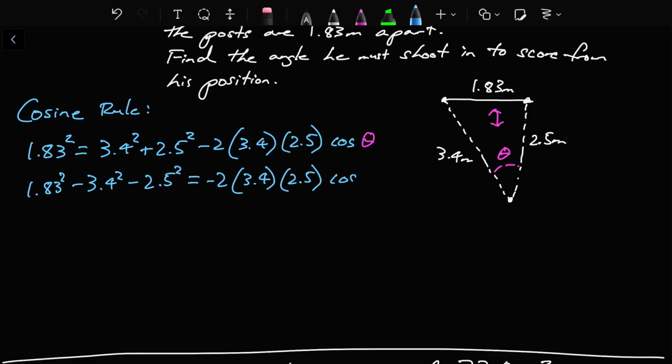Then I'm just going to whack this into my calculator and simplify it. If you don't trust me, do it yourself. 1.83 squared minus 3.4 squared minus 2.5 squared equals -14.4611, which is exactly equal to -17 times cos of theta.